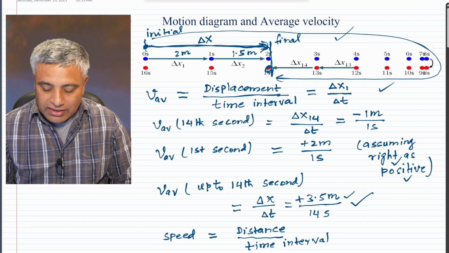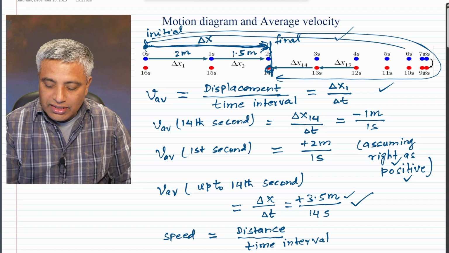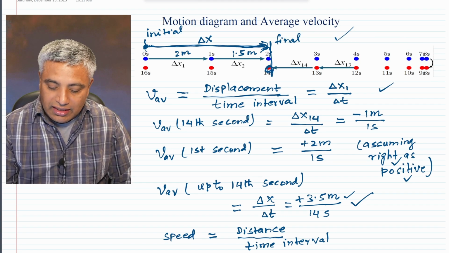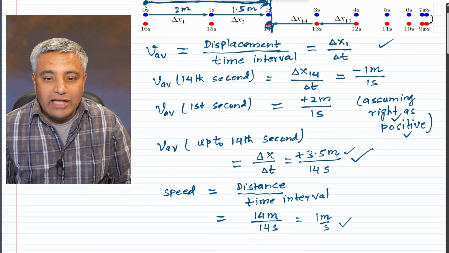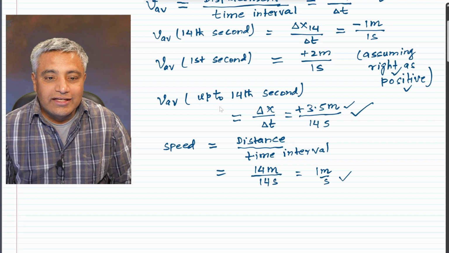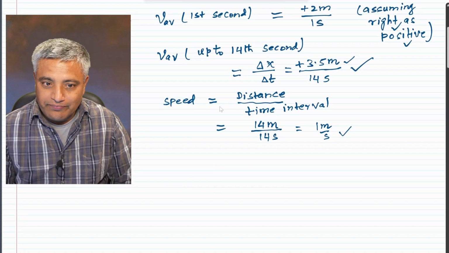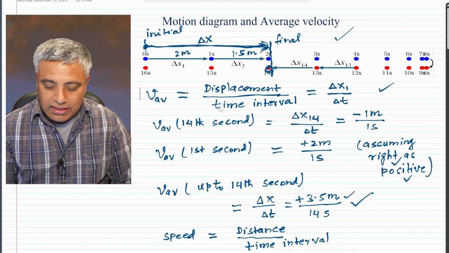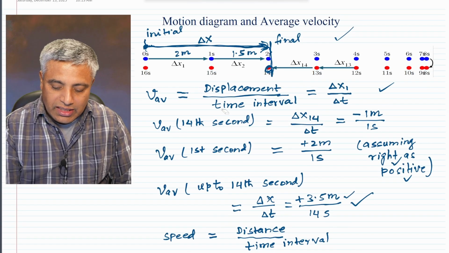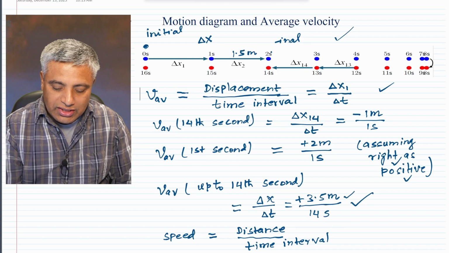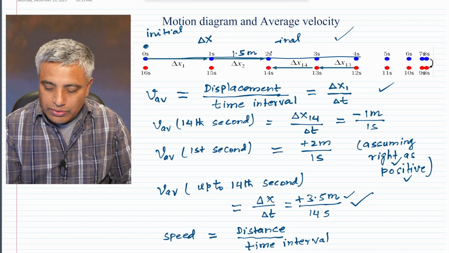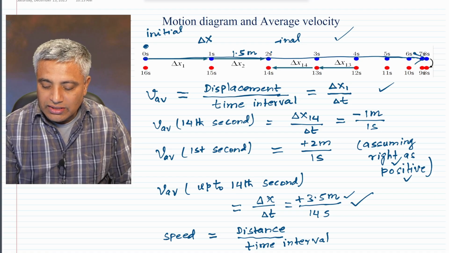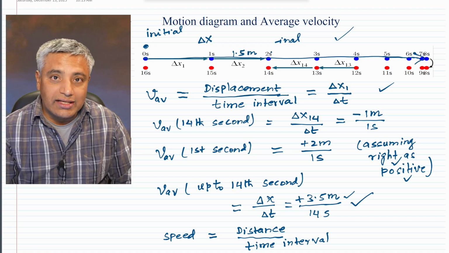As long as the object is changing direction, reversing direction like this, what happens? The values of average velocity and speed are not the same, but they are the same when the object just keeps moving in one direction. For example, up to 8 seconds in this example, the object just keeps moving to the right.